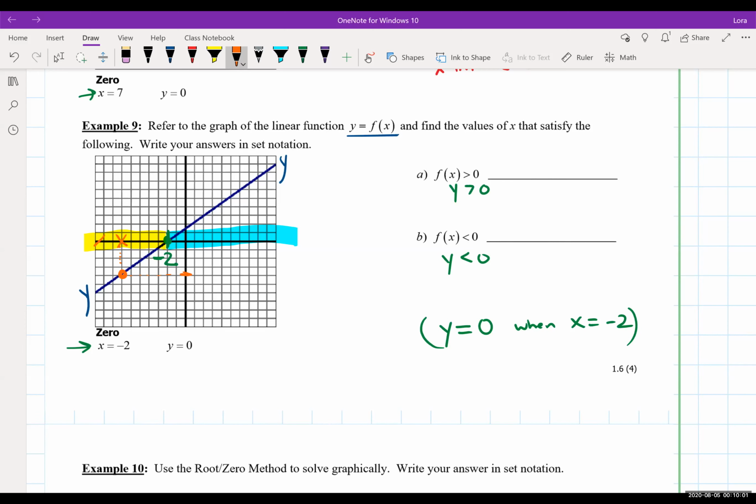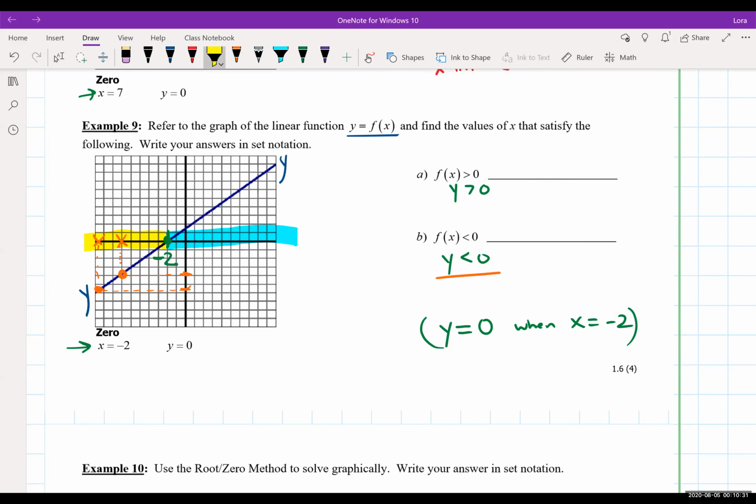You can even pick another x value to see, oh yeah, still got to map downwards. You don't even have to know their actual values, but we are determining that they are giving us negative y values. So if we have negative y values, another way to describe that is y is less than 0, or f of x is less than 0.